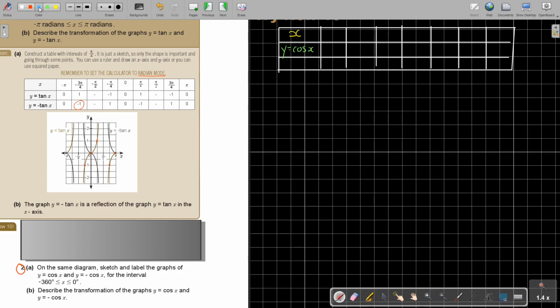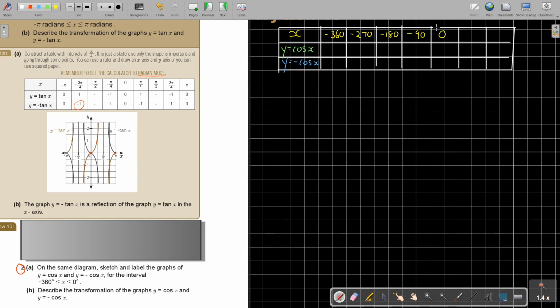Let's take another color. y is equal to negative cos x. And I'm going to work in 90 degrees. So I start at negative 360, then I go 90 back, negative 270, negative 180, negative 90, and 0.